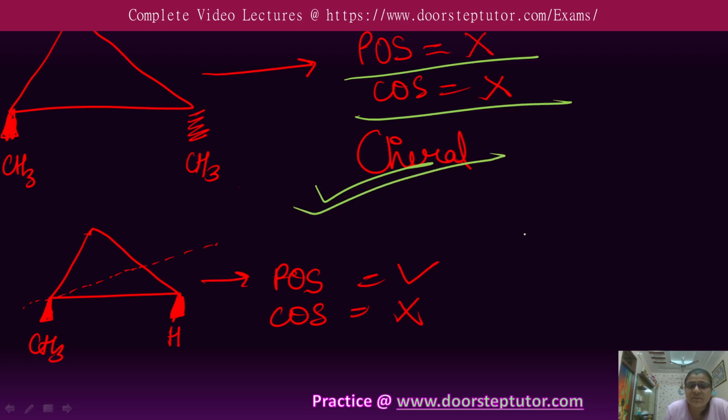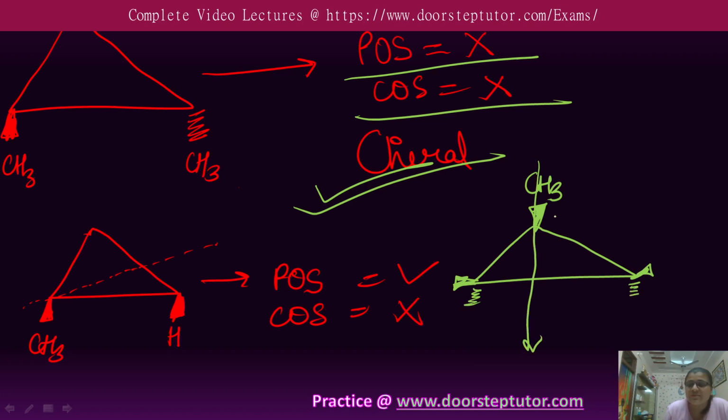Consider this example. You can draw this example like this as well. Consider a CH3 group present on the top, and there are 2 hydrogens, one hydrogen above the plane and one below the plane, and you are going to bisect your system from this side. Consider the methyl group as a spherical molecule.